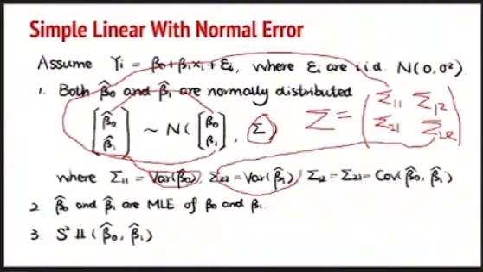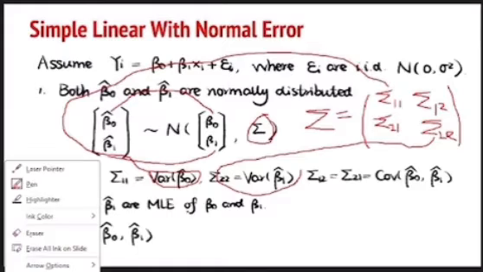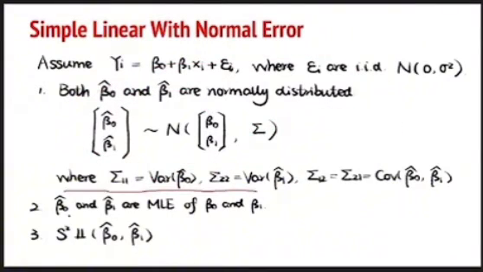Now, another thing I'm going to talk about is, I walked you through how to derive the least square estimator. Do you know we can also use the method of maximum likelihood? But let me tell you this: the least square estimator will be equal to the maximum likelihood estimator.